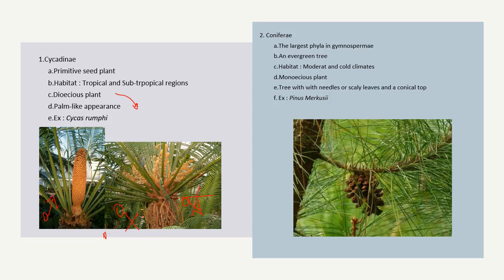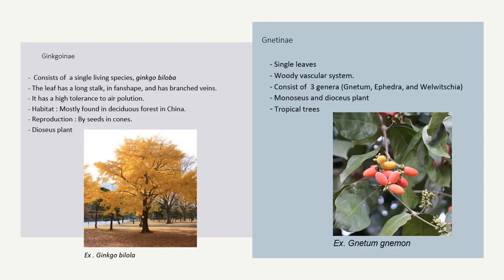The second one is conifers. Coniferae has so many types. We can have Pinus merkusii, and we can also see many other types of pine trees. Mostly they come from Coniferae. And then ginkgo. This is very unique because the species is only one and the one and only, which is Ginkgo biloba.